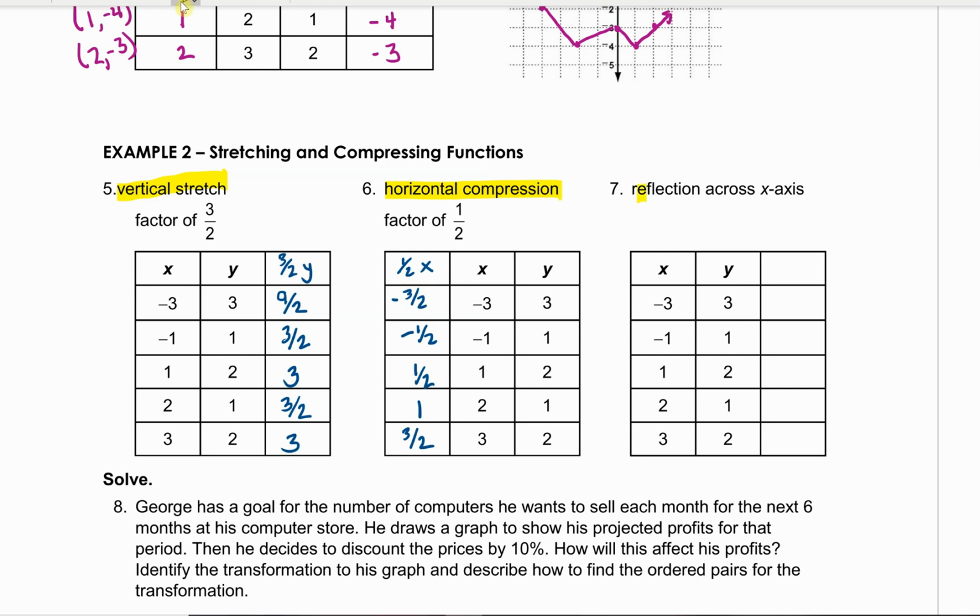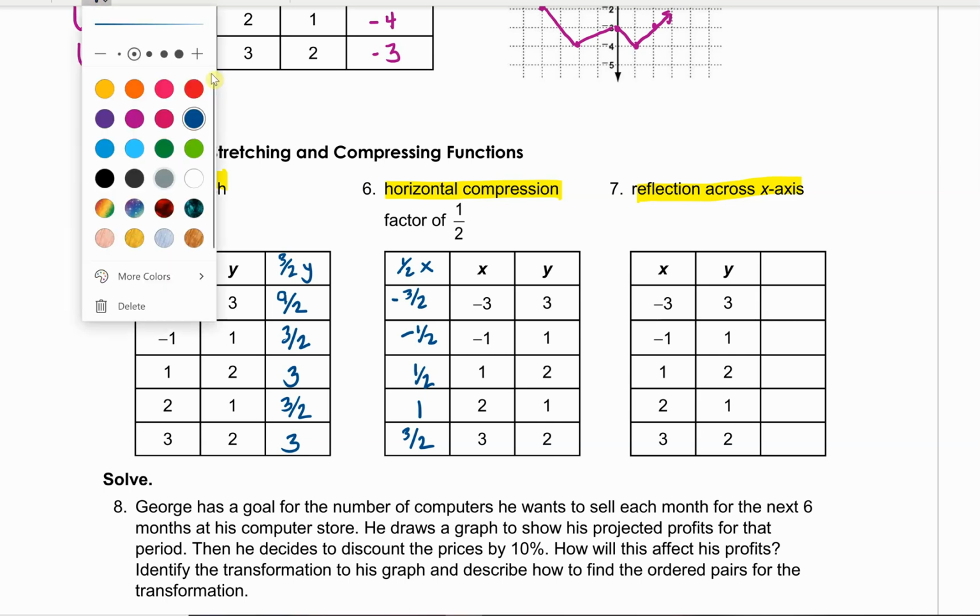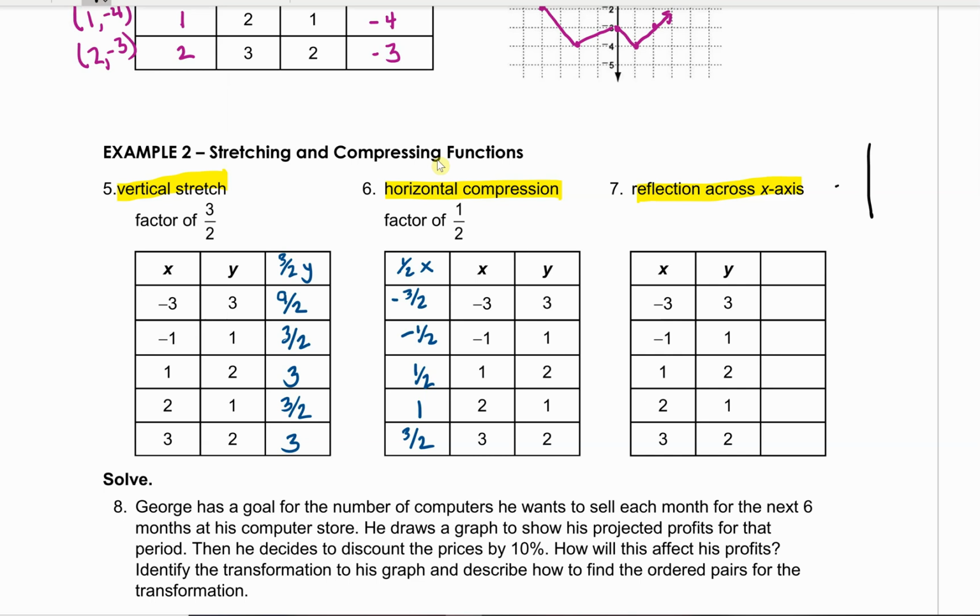Reflections. Remember, if we're reflecting over the x-axis, I'll do a little sketch for you. If we've got our little coordinate plane here, the x-axis is the horizontal axis, but if I'm reflecting over the horizontal axis, that's a vertical change.